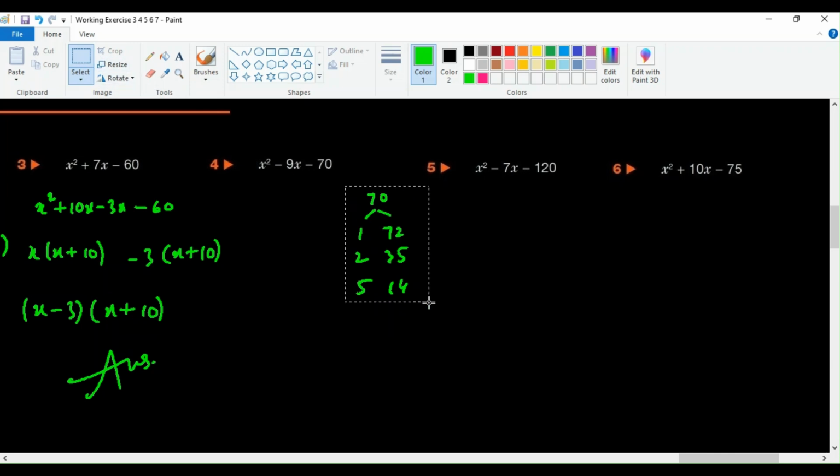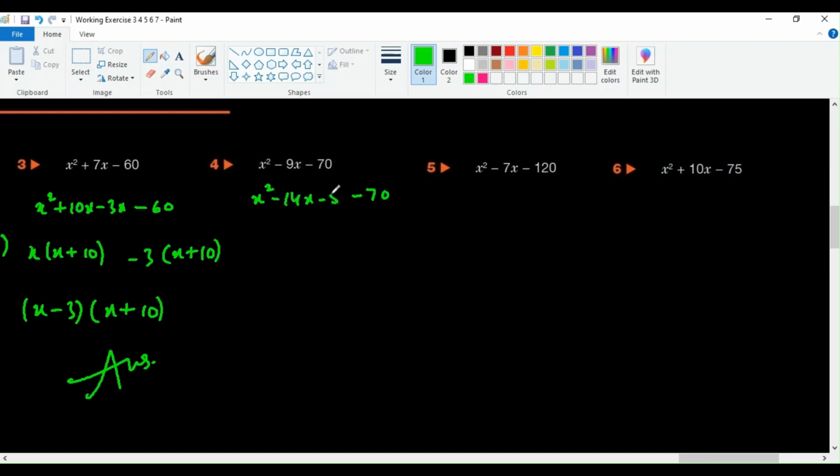So I will remove this from here, and x square minus 70 minus 14x plus 5x. So x minus 14, x minus 14, and plus 5x. 5 will be like this. So x plus 5 and x minus 14 are going to be the answer for this question.